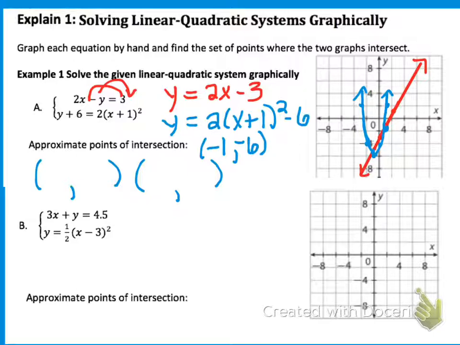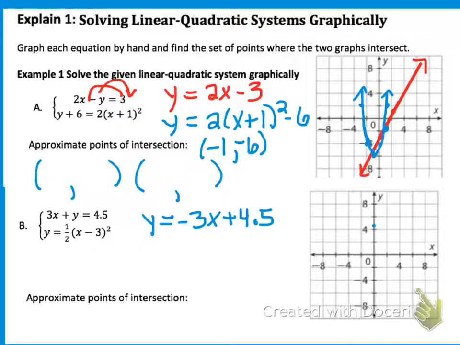So okay, B, let's try another one together. If I put it in slope-intercept form, this one is y = -3x + 4.5. So the y-intercept is at 4.5. This is going to be terrible to graph because the axis is scaled by 2.